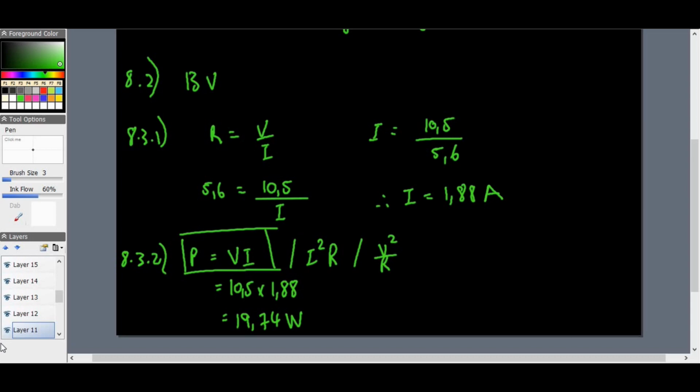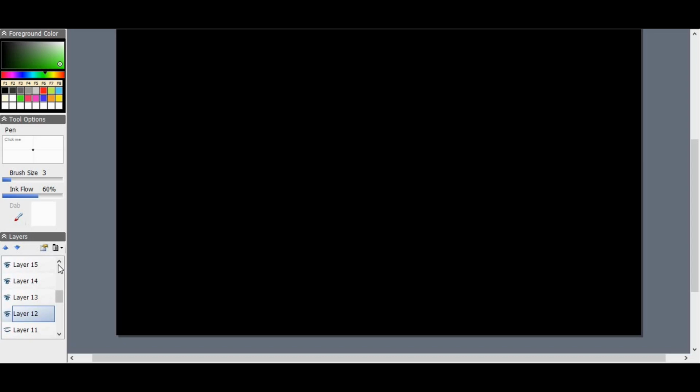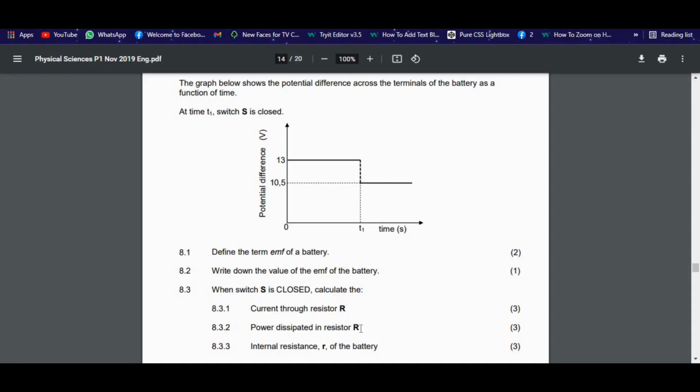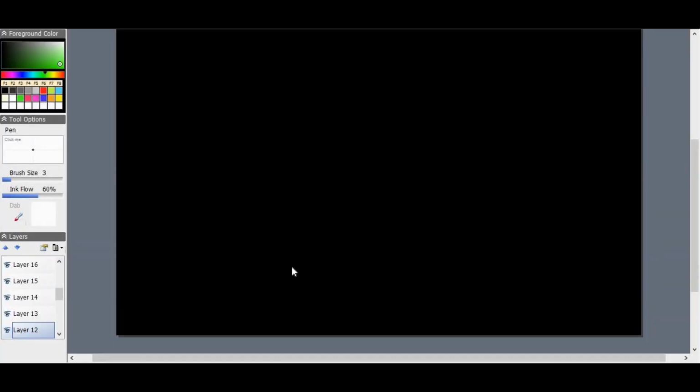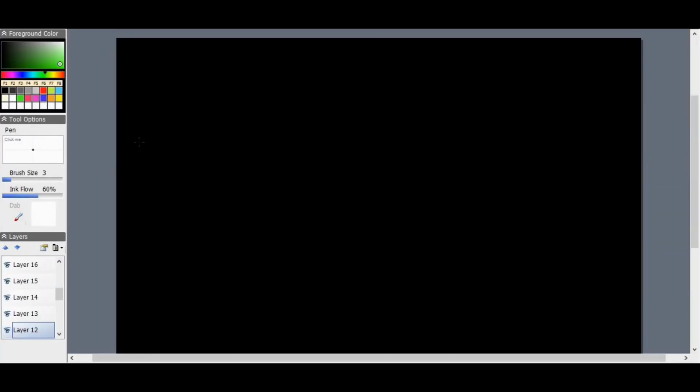Now 8.3.3 is the internal resistance question. Calculate the internal resistance of the battery. There is a formula that is given that says that the EMF is equal to the current in the circuit times the external resistance plus the internal resistance.